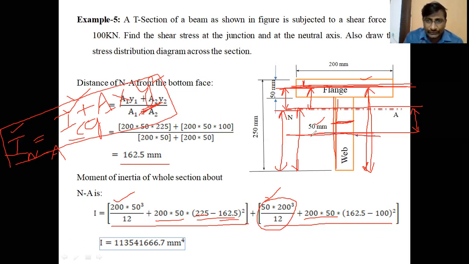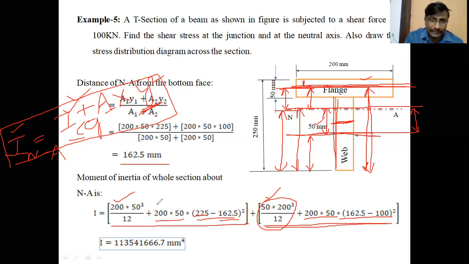From that you should subtract this distance. What is this distance? The center of gravity of the web from the bottom face is 100 mm. Total is 200, the center of gravity is at a distance of 100. So 162.5 minus 100, then we can get the distance between two axes. Clear, students? So 162.5 minus 100 whole square, that is the y square. This is the moment of inertia of the web about the neutral axis.